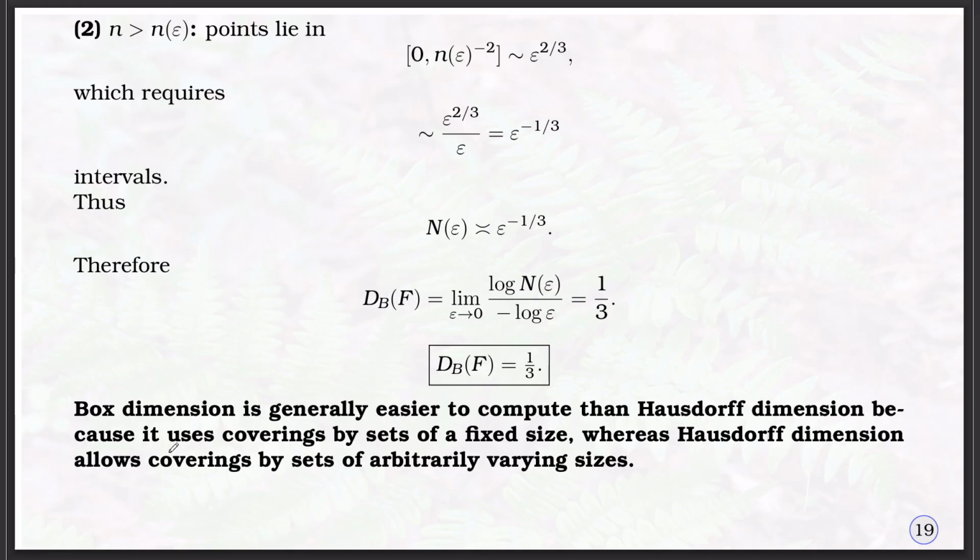Now, box dimension is generally easier to compute than the Hausdorff dimension, because it uses covers by sets of a fixed size. Box counting dimension uses the fixed size, whereas Hausdorff dimension allows covering by sets of arbitrarily varying sizes.